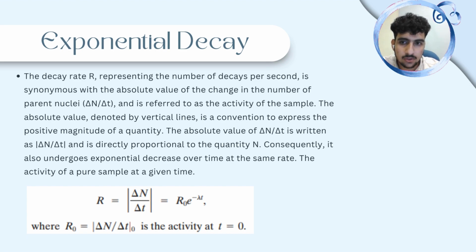The absolute value, denoted by vertical lines, is a convention to express the positive magnitude of a quantity, and it's directly proportional to the quantity N. Consequently, it also undergoes exponential decrease over time at the same rate, as does the activity of a pure sample at a given time.